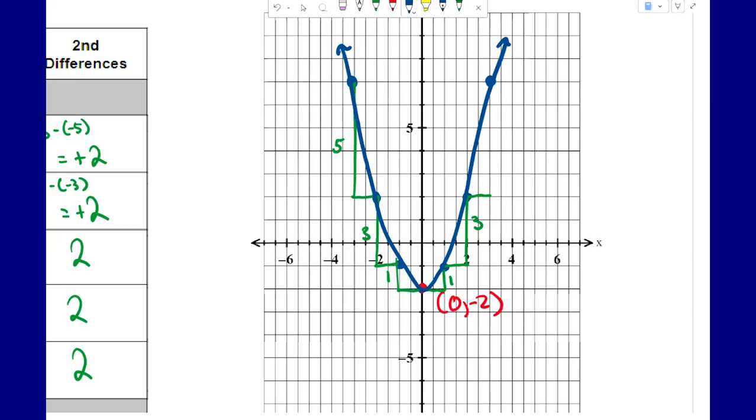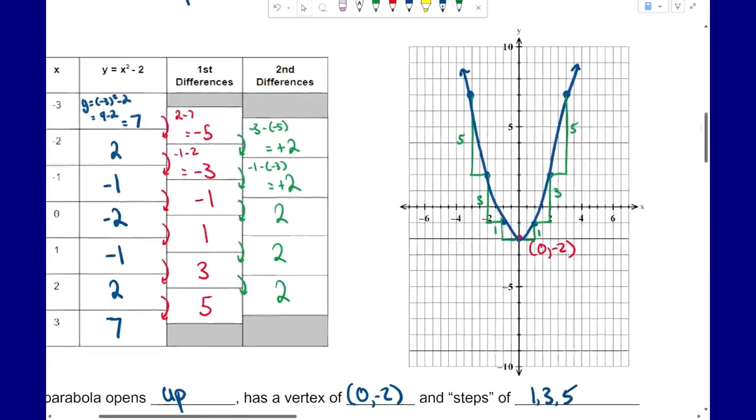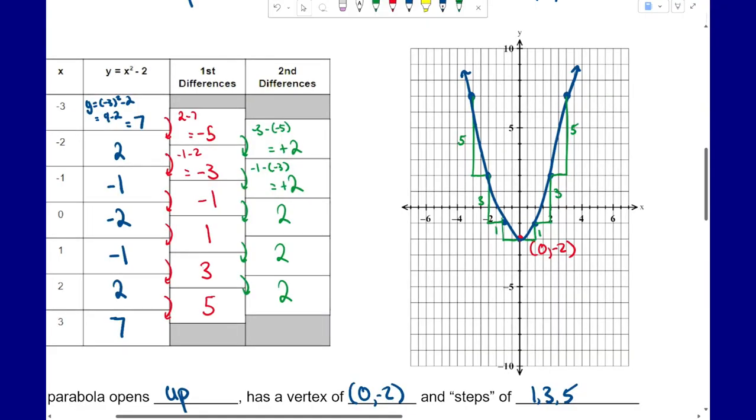Sometimes following the step pattern will be helpful because that will tell you whether you've plotted the right points or not. That's an increase of 5. So we see either on the left or the right side, it's still the same step pattern. It's still increasing by the same amount from one point to the next on both sides, because again, this is a parabola and quadratic, and we should see a repetition of similar values on both sides.